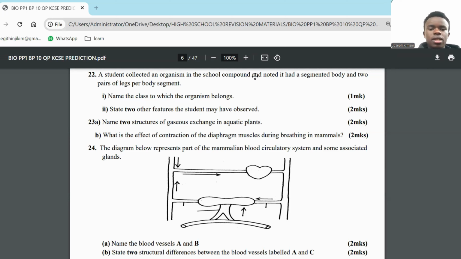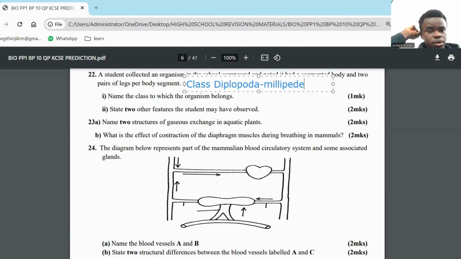Which class is that? It comes from the class Diplopoda. An example of that is the millipede. Let me write it here. The millipede is from the class Diplopoda.